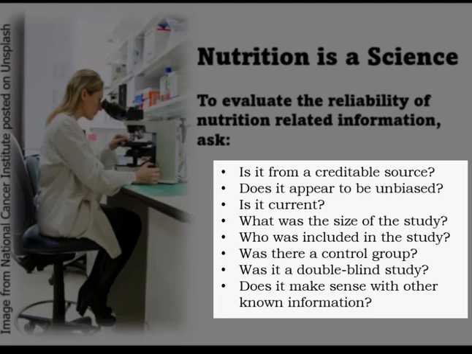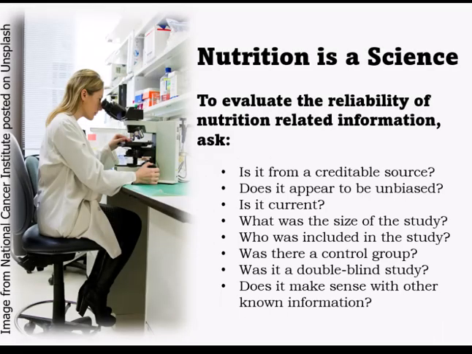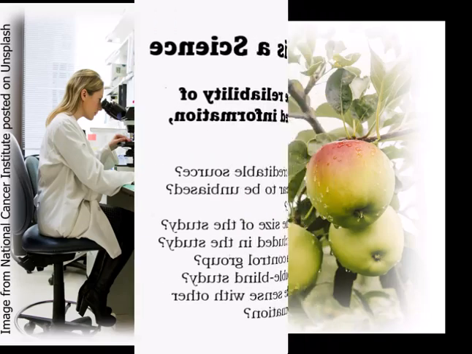A study on mice or with just a small group of people is generally just a preliminary study. And if you're an 18-year-old man, a study that was done on 70 to 85-year-old women may or may not apply to you. As you learn more about nutrition, you can put new information into context with what you already know, and that's going to help you determine validity.